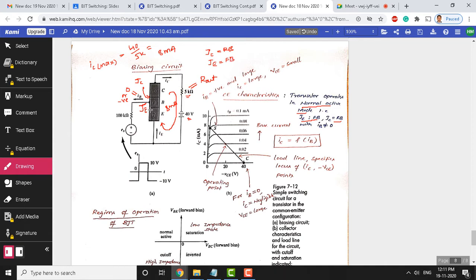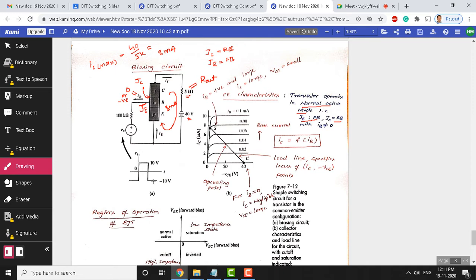Now for a specific case, when we want to make base current 0 or negative, we need to maintain a reverse bias across this. You would need to change the polarity, but instead of changing polarity, we apply a pulse waveform voltage here. For the positive pulse, this remains forward biased, and for the negative pulse, this remains reverse biased.